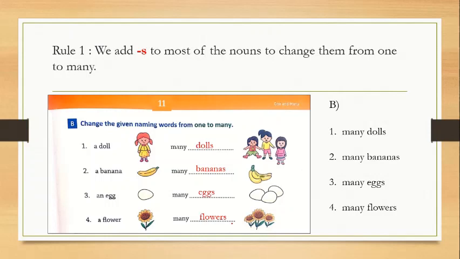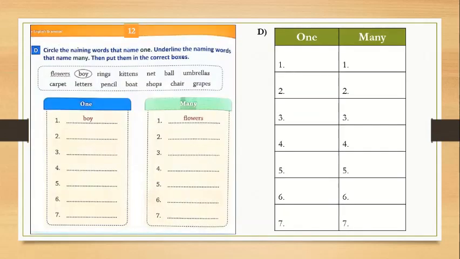Now, turn your book to page number 12. On page number 12, we will start with exercise D. Now, this exercise is also based on the first rule, rule number 1, where we add just the letter S to these nouns.